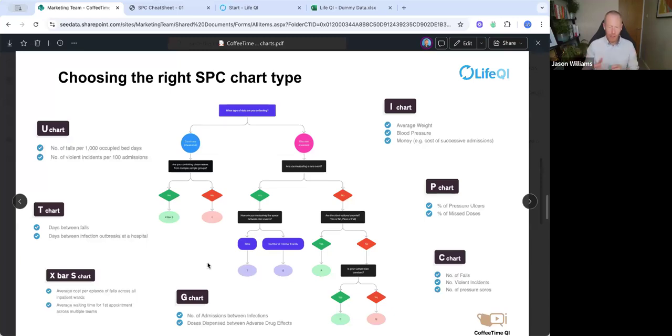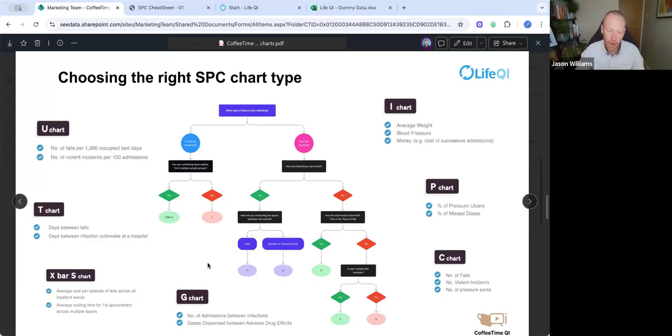And on the face of it, this slide isn't really going to help with that because it looks pretty busy, pretty confusing. We're going to go through the decision tree in a bit more detail in a minute. I'll bring up a bigger version, but essentially the best way of doing this is there are some questions to answer that will help you arrive at the most appropriate type of SPC chart. And I've also got examples of the charts scattered around the outside.